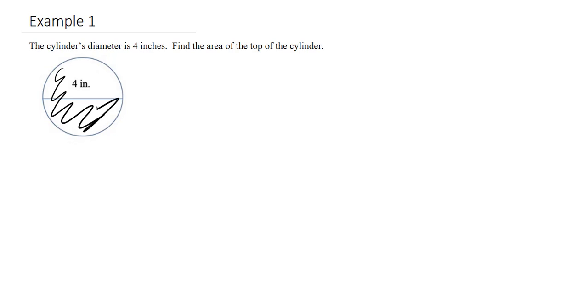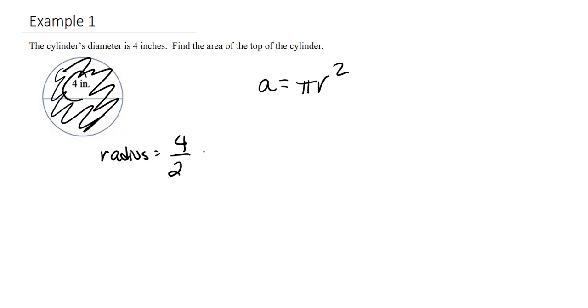Now if we look at area, which is equal to pi r squared, well, we don't have the radius, but we can solve for it. If it's half the diameter, so if we take 4, radius is equal to 4 divided by 2, which is equal to 2. So let's go ahead and start to solve. So we have A, which is the area, pi.